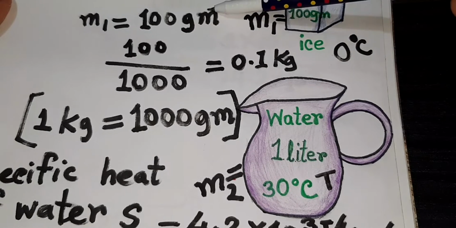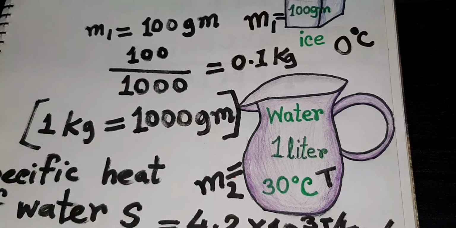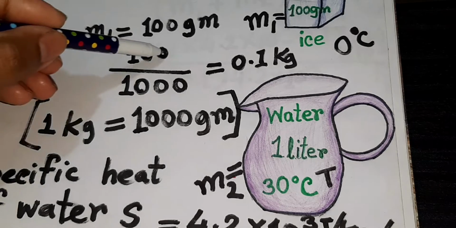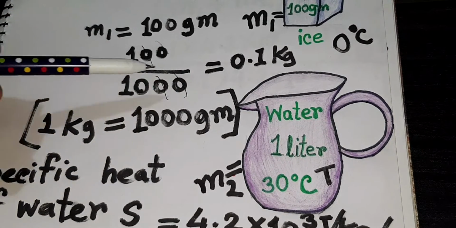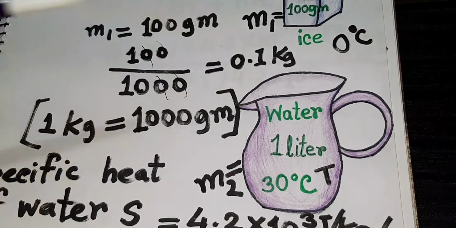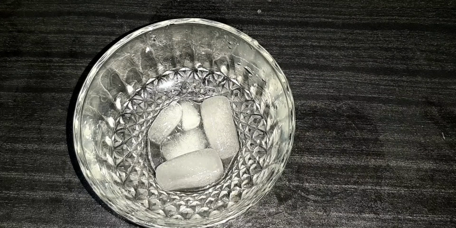Here m1 is the mass of ice. We divide, crossing out the zeros, so it will be 0.1 kilogram, that is the mass of ice, m1.